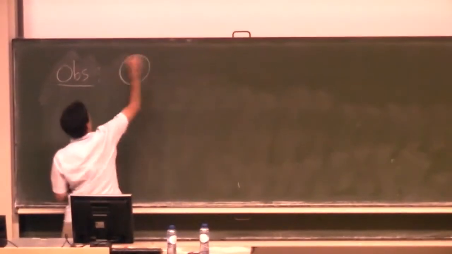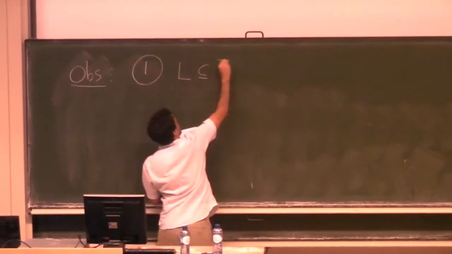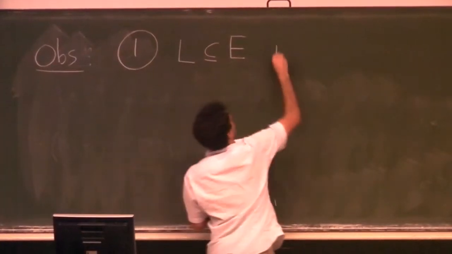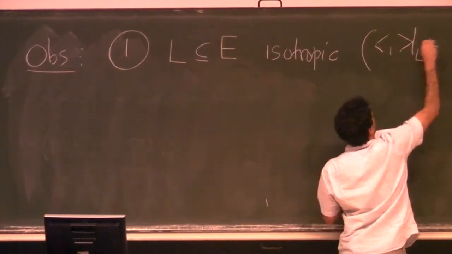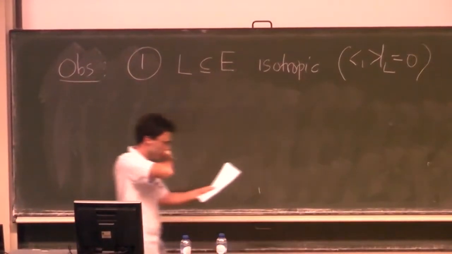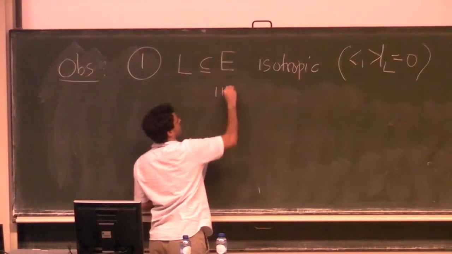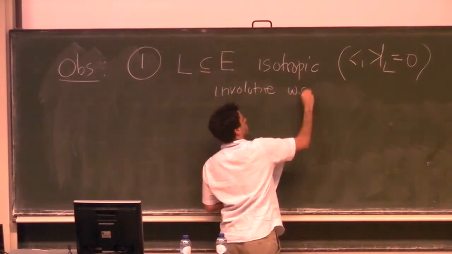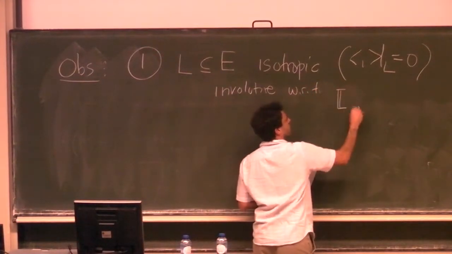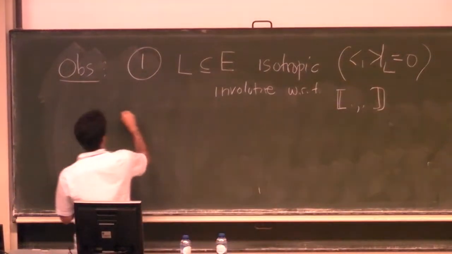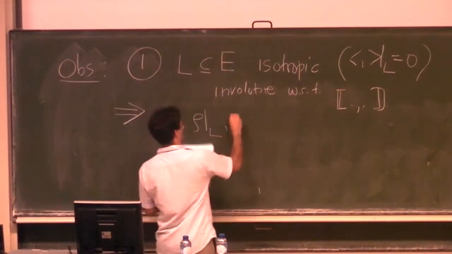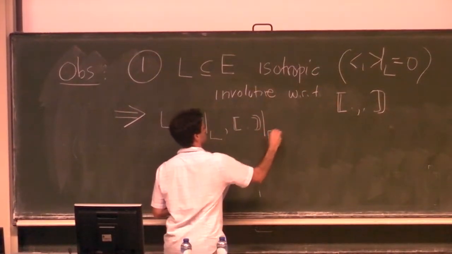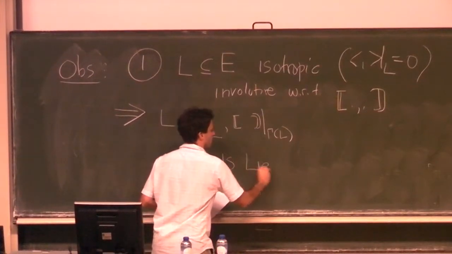So observation number one. If you have a subbundle of E, with the structure there, which is isotropic, by that I just mean that the pairing on sections of this subbundle is 0, and which is involutive with respect to this bracket, then the resulting object, if you restrict everything to it, is a Lie algebroid.